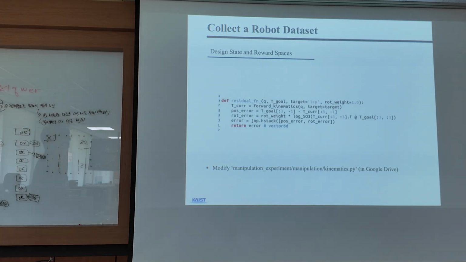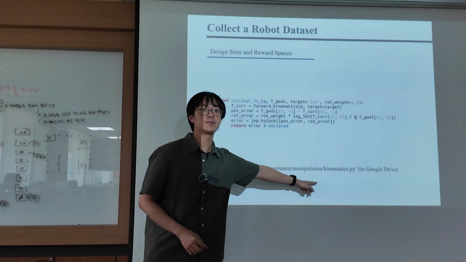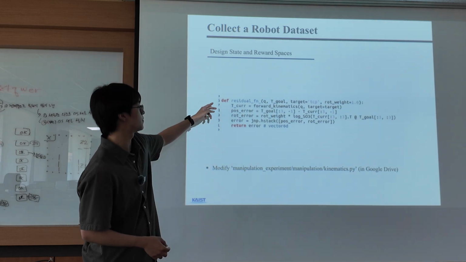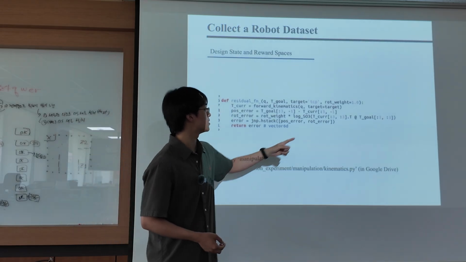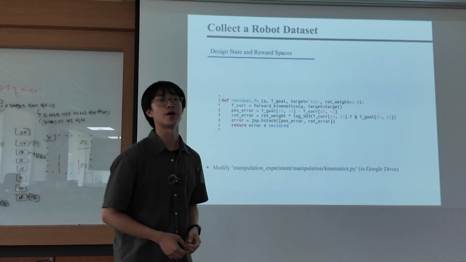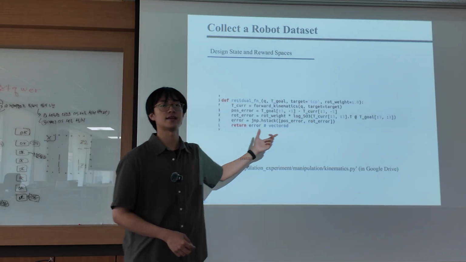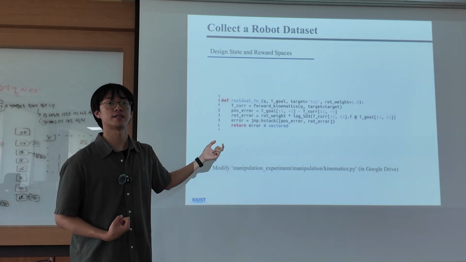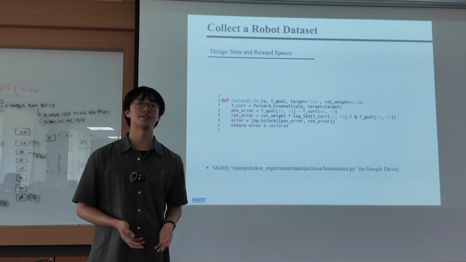One more thing to modify is inside the kinematics file, which is the residual function that calculates the error. We are going to give a rotation weight so that if the weight is 0, then when calculating the inverse kinematics, it will not consider rotation error.